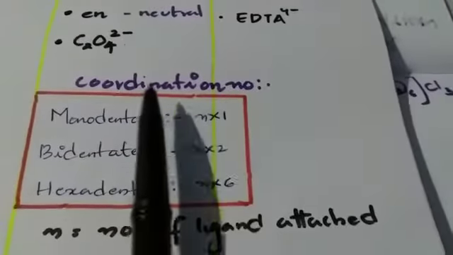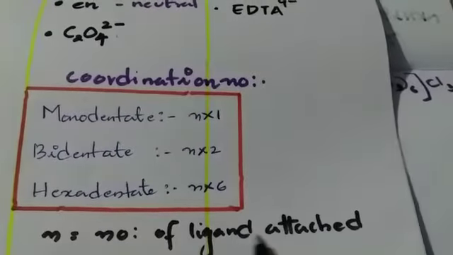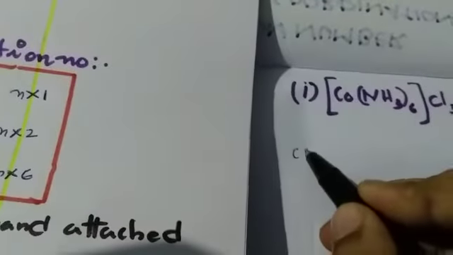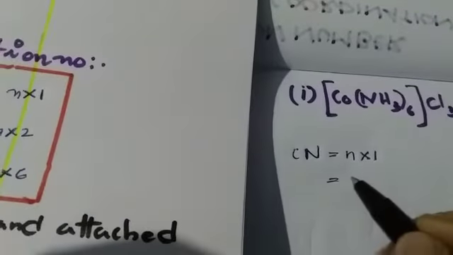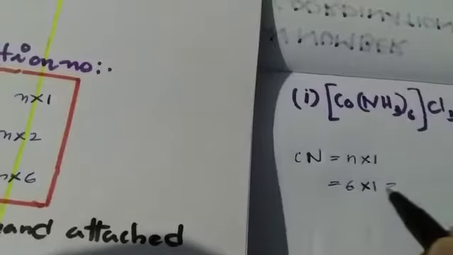For a monodentate ligand, the coordination number is n into 1, where n is the number of ligands attached. Here n is equal to 6, 6 into 1 which is equal to 6. So 6 is the coordination number of the complex.